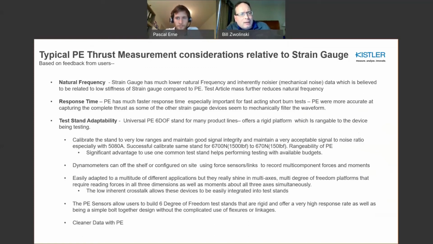But fundamentally, the other feedback I got also was that piezoelectrics tended to be much lower in inherent crosstalk, and because of that, really gave basically an overall cleaner data with piezoelectrics. So, although the industry is very familiar with strain gauge, I wanted to at least ask these experts what are the aspects they look at to give you folks a feedback. Obviously, piezoelectric is certainly an option with propulsion testing.